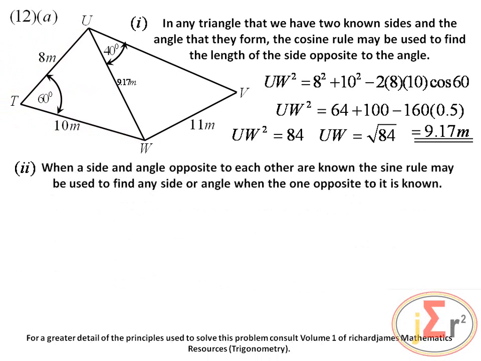When a side and an angle opposite to each other are known, the sine rule may be used to find any side or angle when the one opposite to it is known.